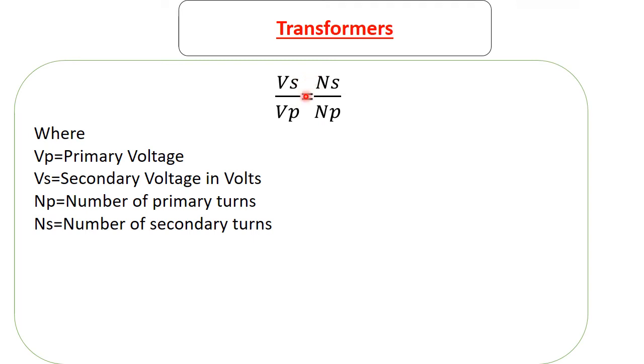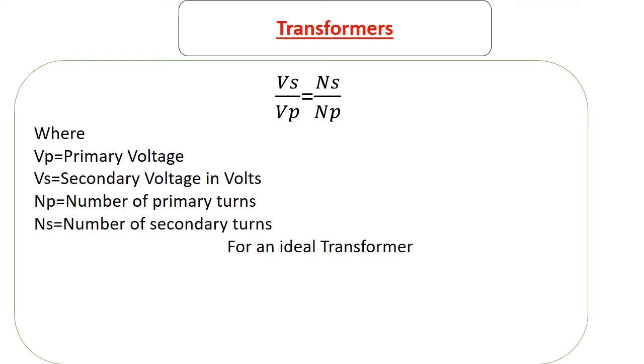If you have been given the voltage at the supply and you want to find the voltage in the secondary coil, if you know the number of turns in the secondary coil and the number of turns in the primary coil, then you can use this equation to find the voltage in the secondary coil.